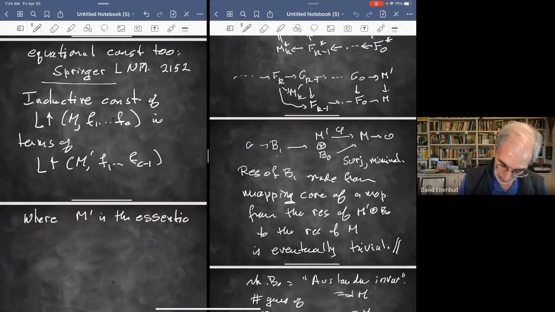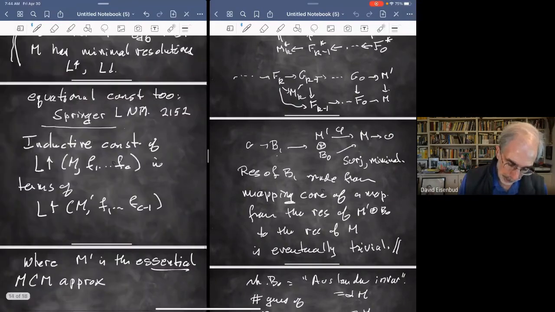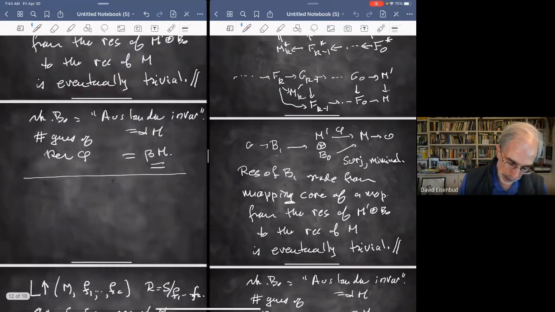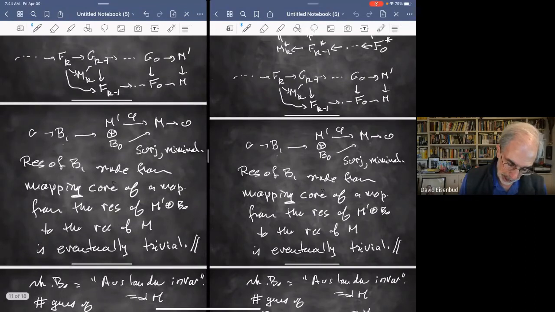The MCM approximation. And by that I mean the M prime that appears in the approximation sequence. Here's the M prime I want to take.